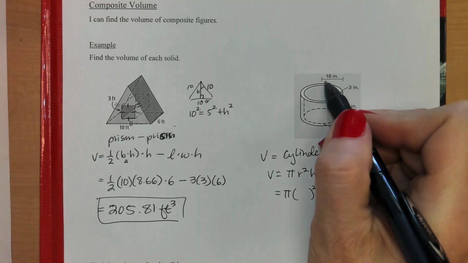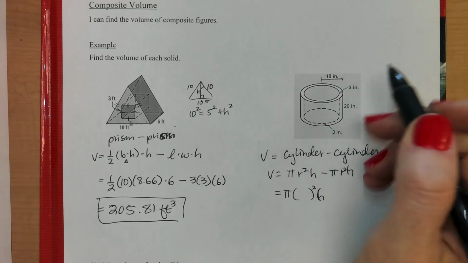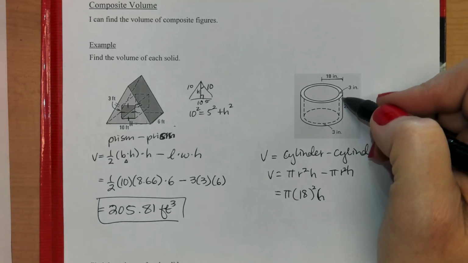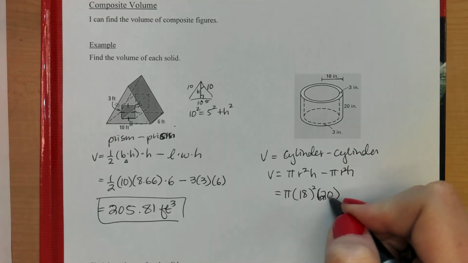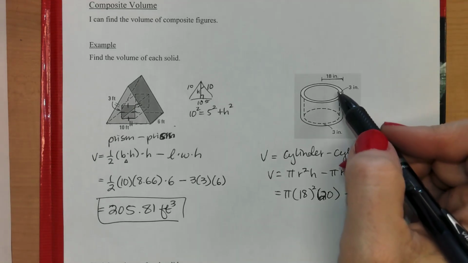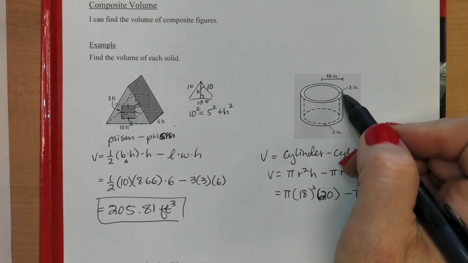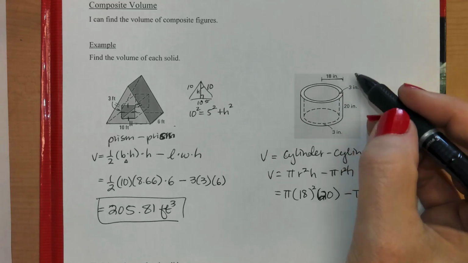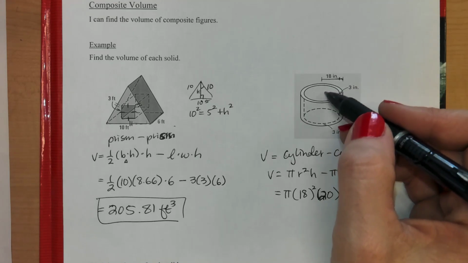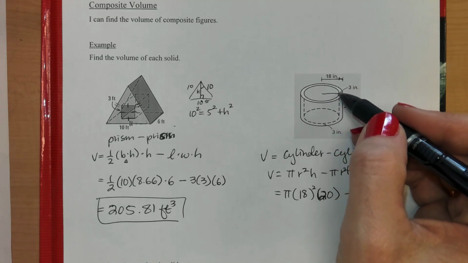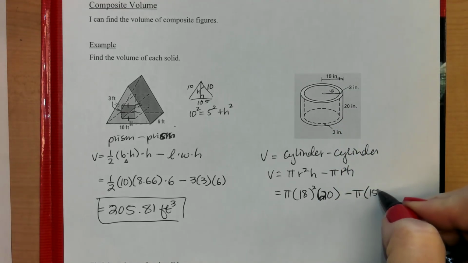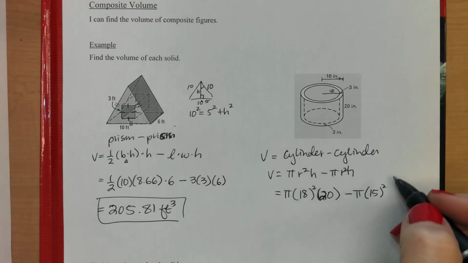The big circle is 18 from center all the way to the outside edge, and the height of this cylinder is 20. Then minus pi, and now the radius: 18 was all the way to the edge, and this wall is 3 inches wide, so I back off 3 to find the radius of the inside cylinder. That's 15, since 15 plus 3 is 18. Height is still 20.